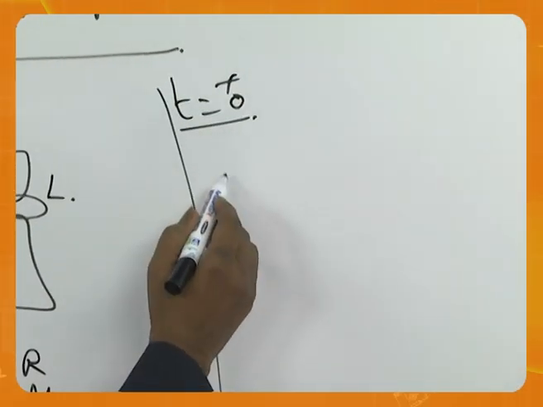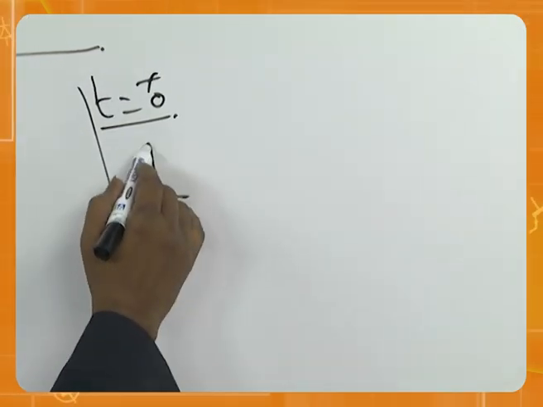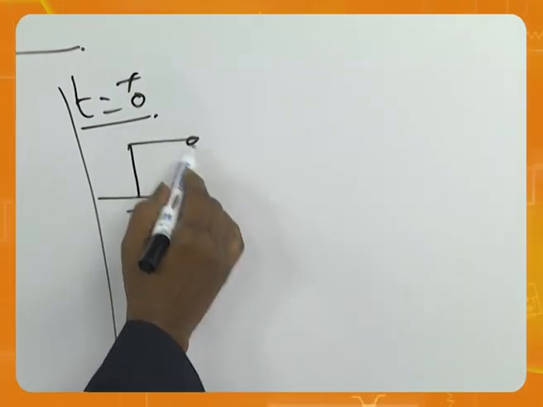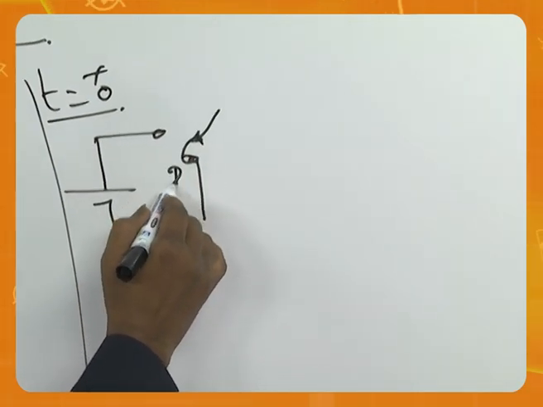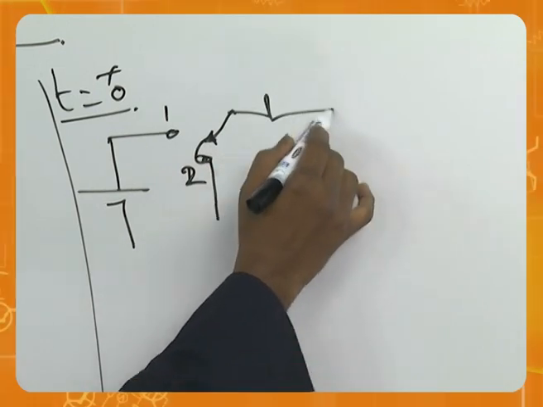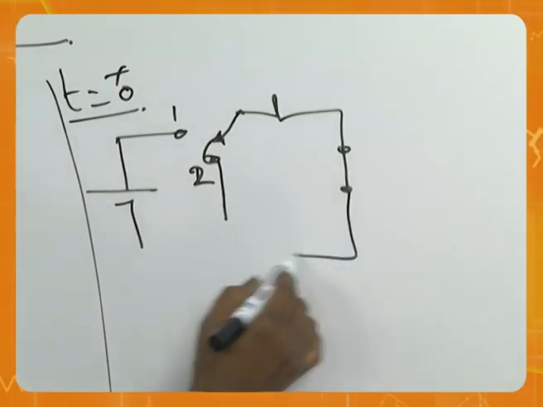Then let us go for t equals 0 plus. Switch is here. Now switch is moved to 2. Inductor cannot change its value.